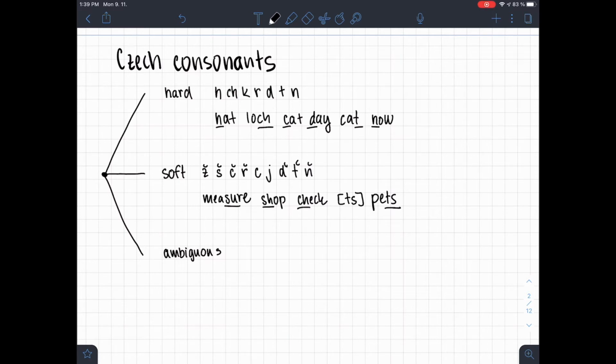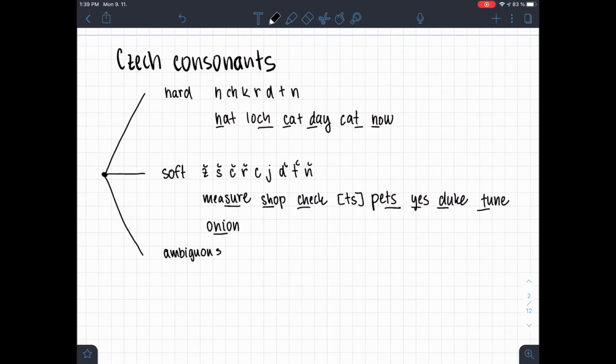J is like English Y, so you can find it in a word yes, yes, j. Ď, you can find in a word duke, duke, ď. Ť, you can find in a word tune, tune, ť. And ň you can find in the word onion, onion.